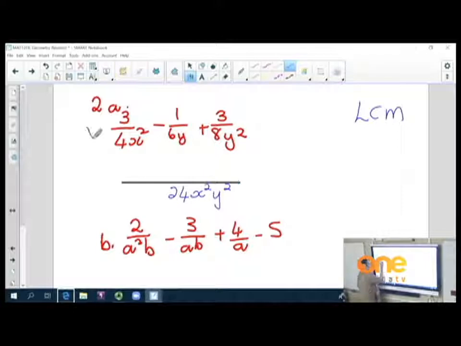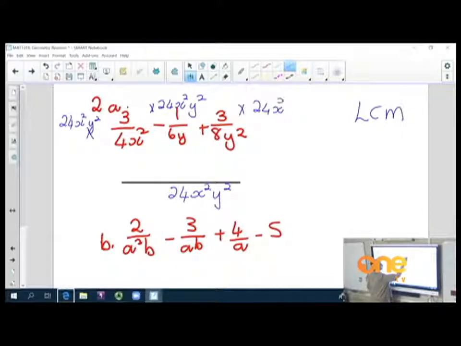So now we're going to multiply with the LCM, and this is a very important step. Don't be lazy to write this out every time, because otherwise you're going to make mistakes. I multiply each term with the LCM. I multiply each one there and cancel. The LCM, now we're going to cancel here.